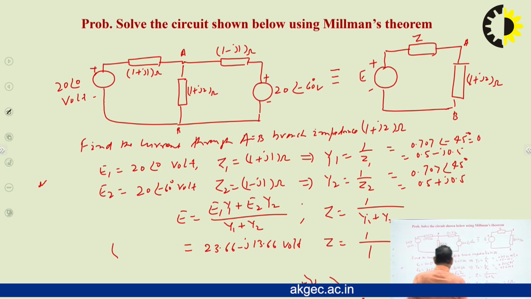So we can get this E and we can get the Z, and then we can calculate the current using Millman's theorem.